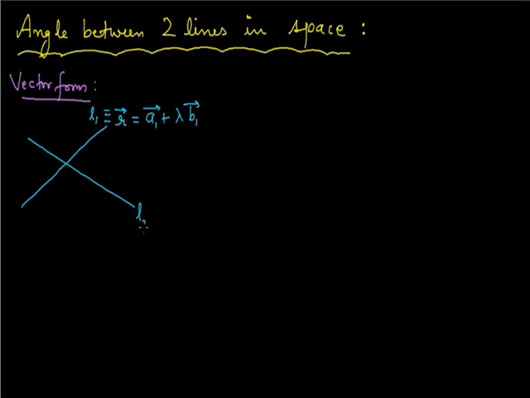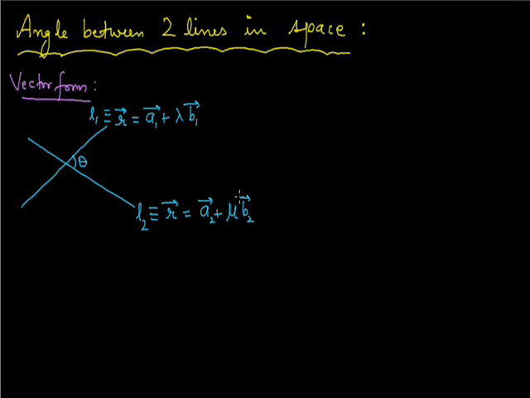Let's say this is the equation of the line L2: r vector equals a2 vector plus mu times b2 vector, where lambda and mu are real numbers. Suppose the angle between these two lines is theta. We need to find this angle theta.